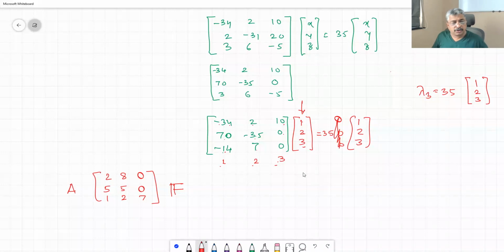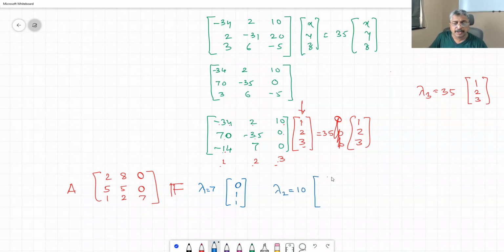Now, first 2 eigenvalues are very easy. First eigenvalue is 7 and its corresponding vector is 0, 1, 1. Rows add up to 10, therefore second eigenvalue is 10 and its corresponding vector is 1, 1, 1.